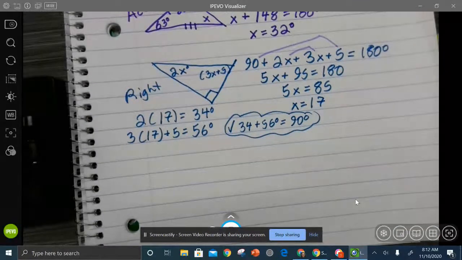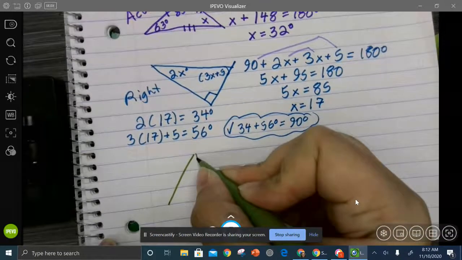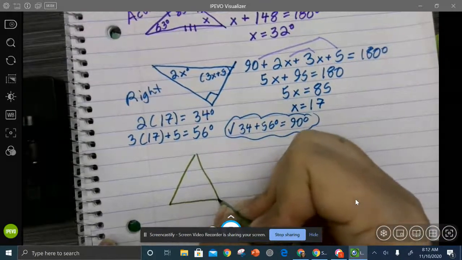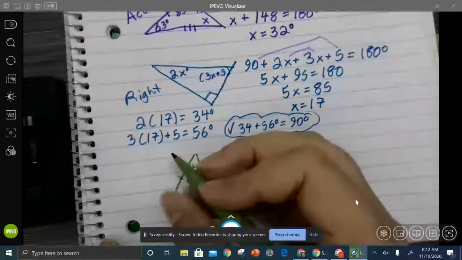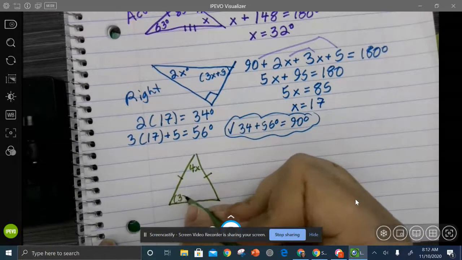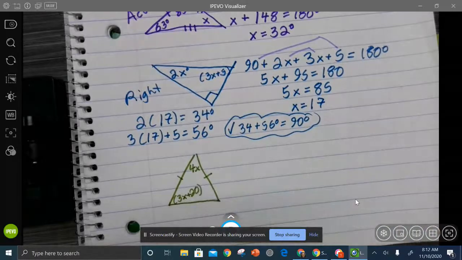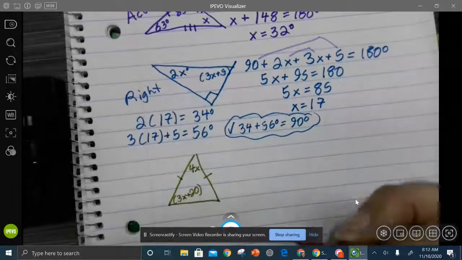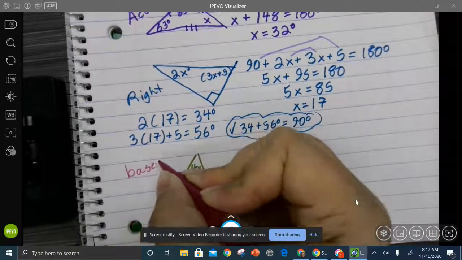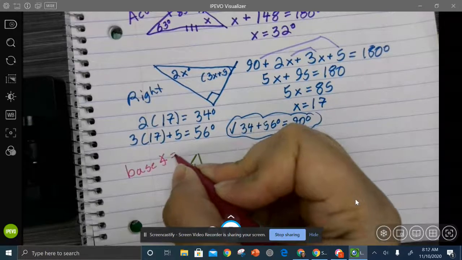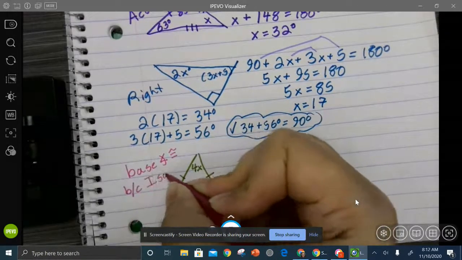And then we have for this one, and this is 3x plus 20, okay? And what we know about isosceles triangles is that the base angles are congruent because it's an isosceles triangle.